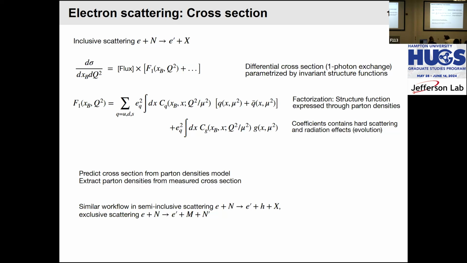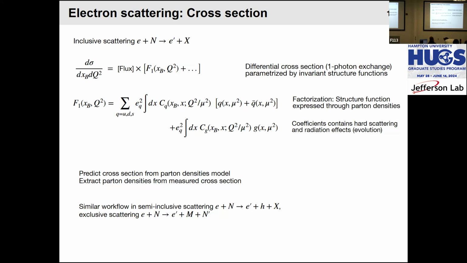Now, we can think of these structure functions as the primary object of the measurement, what we can actually extract from experiment. In the context of the parton picture and of QCD factorization, as we saw earlier, we can express these structure functions in terms of the parton densities in the system.